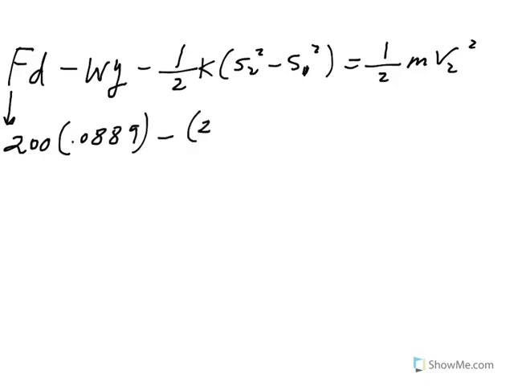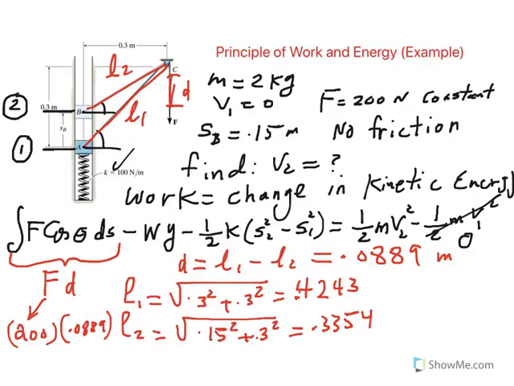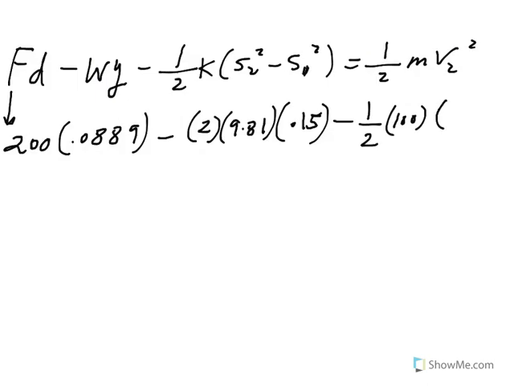W is the weight, so it's 2 kilograms times 9.81, times the distance 0.15, that's how much the weight is displaced, minus 1/2 K. K, if you look at the previous page, is 100 newtons per meter. This stiffness is given. And S1, remember the spring is initially undeformed, and S2 is, again, 0.15. Remember the spring is attached to the block. So equal to the right-hand side, 1/2 m v squared.